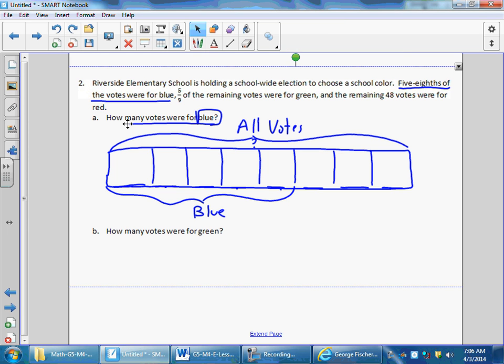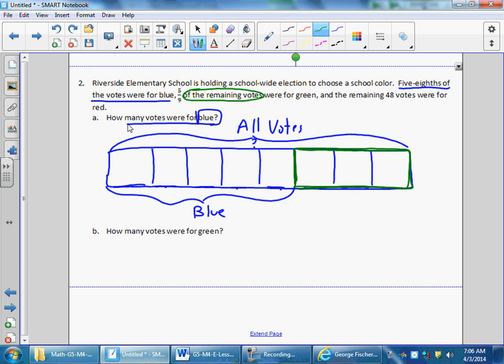5/9 of the remaining. So here's my remaining votes. The key word is there. It's not 5/9 of the whole, it's 5/9 of the remaining. I'm looking at the remaining and I only have 3 pieces left of my remaining votes. What I can clearly see is I could break those 3 into thirds, and now I have 9.